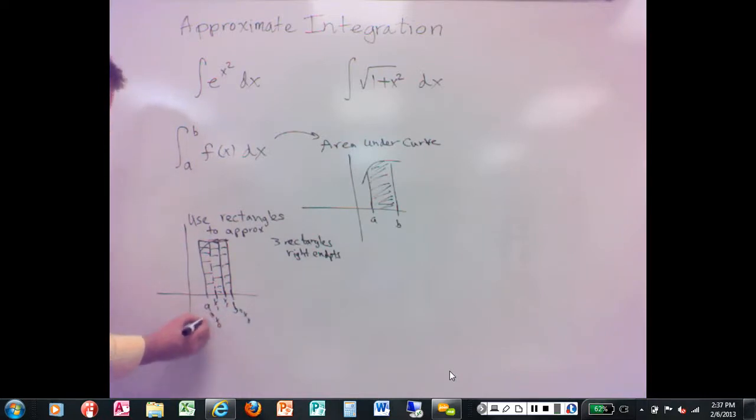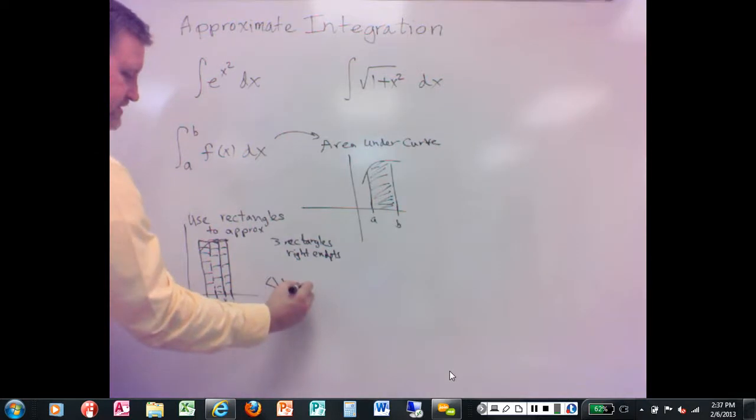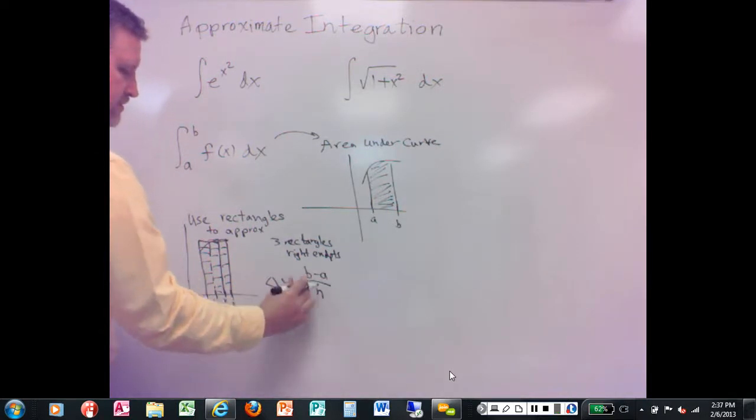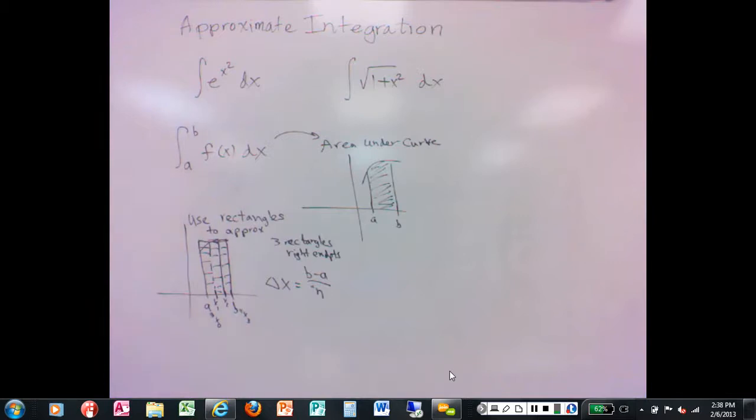Remember all that? Now, how far apart are those? We called it delta x, and delta x was b minus a over n. All that still applies.